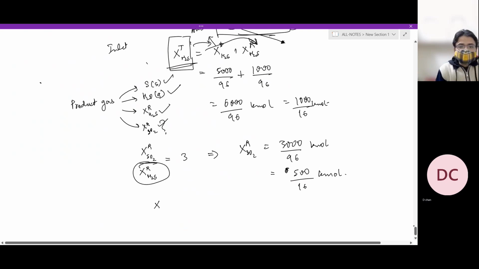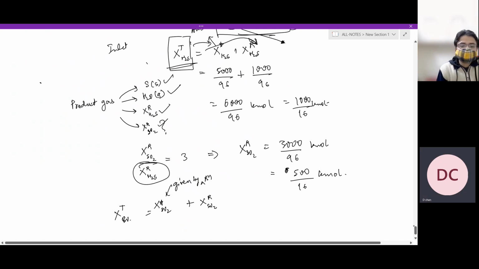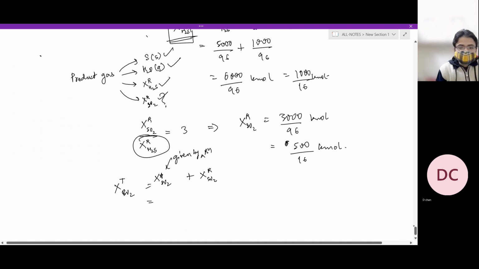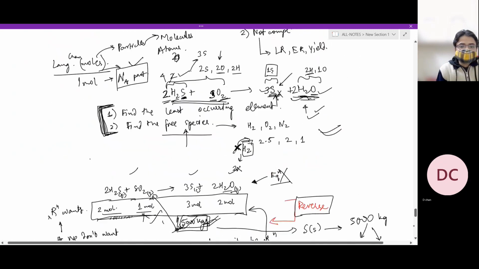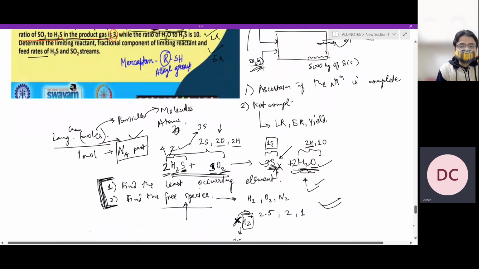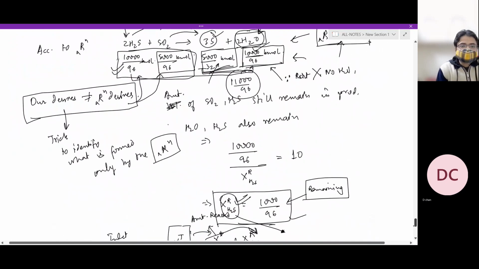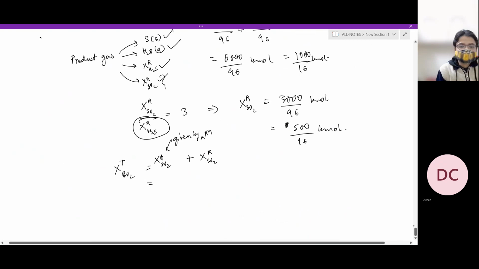Now you also know X star SO2, given by the reaction, plus X_R SO2 would be equal to the total number of moles of SO2, right? Yes. This implies that extra SO2, what was that? Do you remember? It was 10,000/96 kilomoles, plus, right?